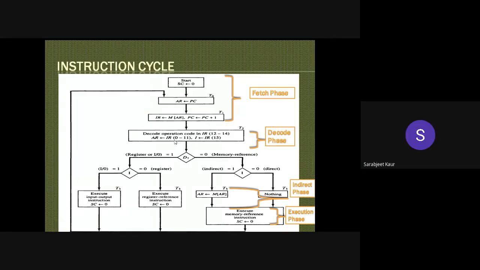And the first 12 bits of the instruction register are transferred where? They are transferred to the address register, because if it is a direct instruction, these 12 bits would mean the address of the operand, and if it is an indirect instruction, then these contain the address of the effective address. Is this clear?